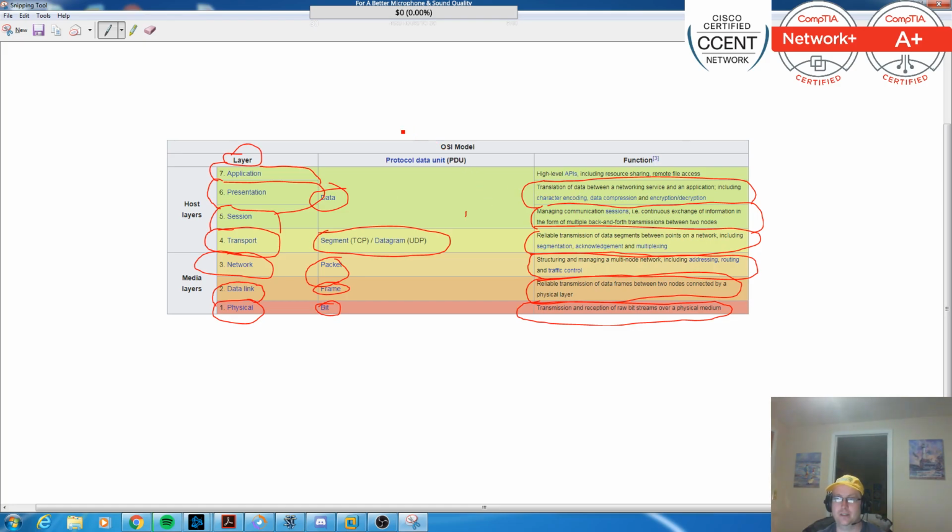Alright, so the last layer, the application layer. And it says high-level APIs including resource sharing and remote file access. That's kind of not very detailed. So if you're going through these videos, I recommend just looking up a few of what they list, the session, presentation, and application layer.